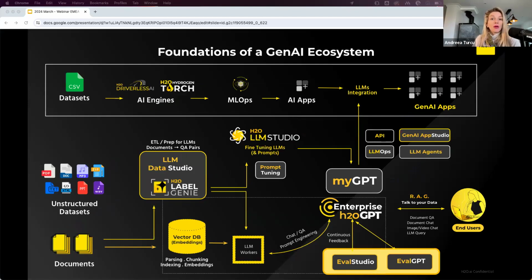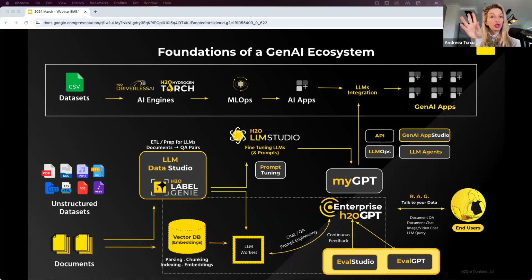And so H2O LLM EvalGPT is specifically tailored for evaluating LLMs, and it focuses primarily on assessing their performance and effectiveness. So after all these steps before that have taken place, you might need to do this.